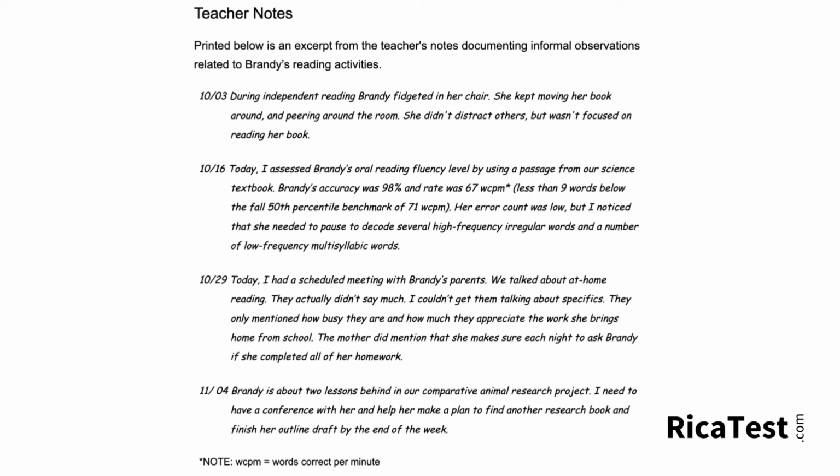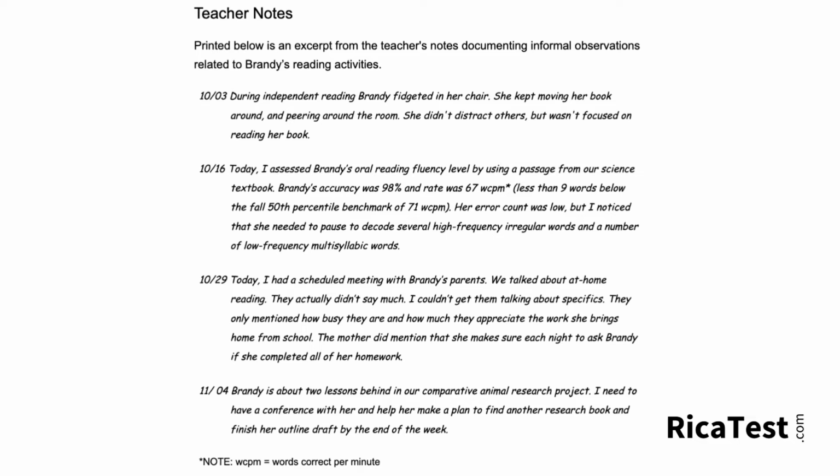Let's keep reading. So 10:16, the note says, today I assessed Brandy's oral reading fluency level by using a passage from our science textbook. Brandy's accuracy was 98% and rate was 67 words per minute. Okay, so this is another piece of evidence indicating Brandy's fluency ability. When it comes to accuracy and rate, yeah, her accuracy is good, right?